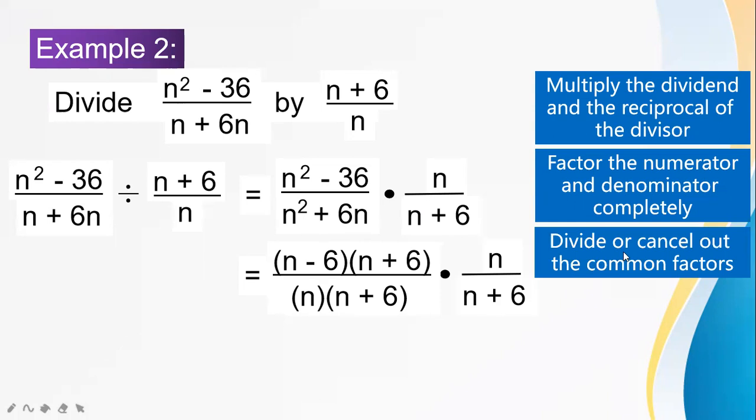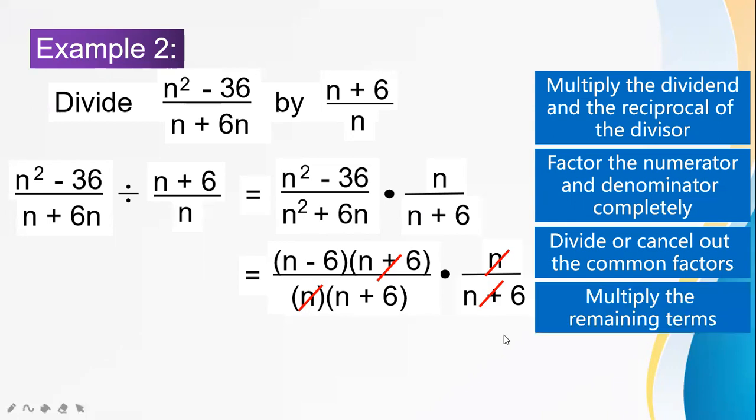Then we divide or cancel out the common factors. So you cancel out n, then cancel out n plus 6. Therefore, multiply the remaining terms.